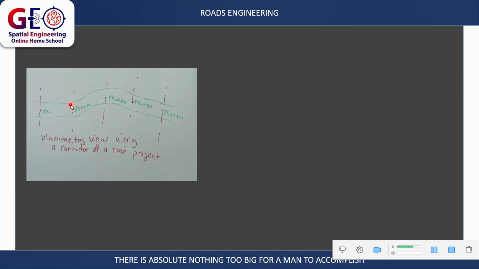I want us to calculate the volume of earthwork at each section, from PK0 to PK plus 30. We have to calculate the volume of earthwork that will be needed, either bringing earth into the site or taking earth out of the site. Then from PK0 plus 30 to PK0 plus 60, we also have to calculate. So at each section, we have to calculate the volume of earthwork involved.